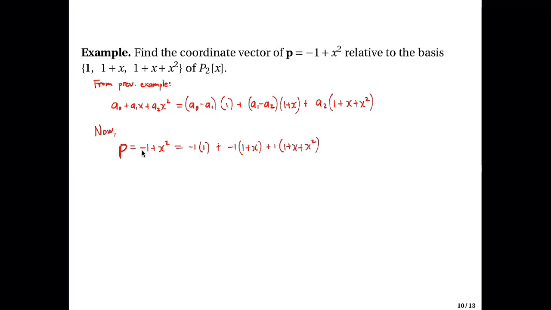So minus 1 plus x squared can be written as negative 1 times 1 plus negative 1 times (1 plus x) plus 1 times (1 plus x squared).